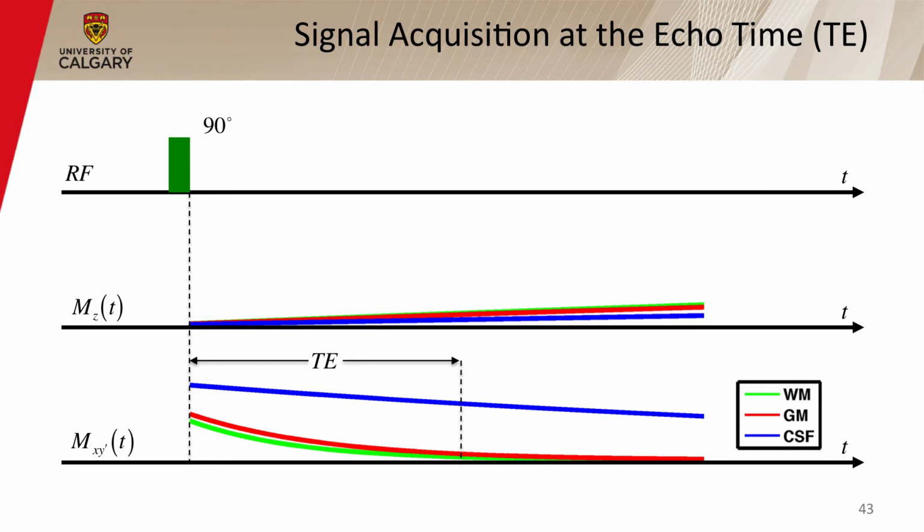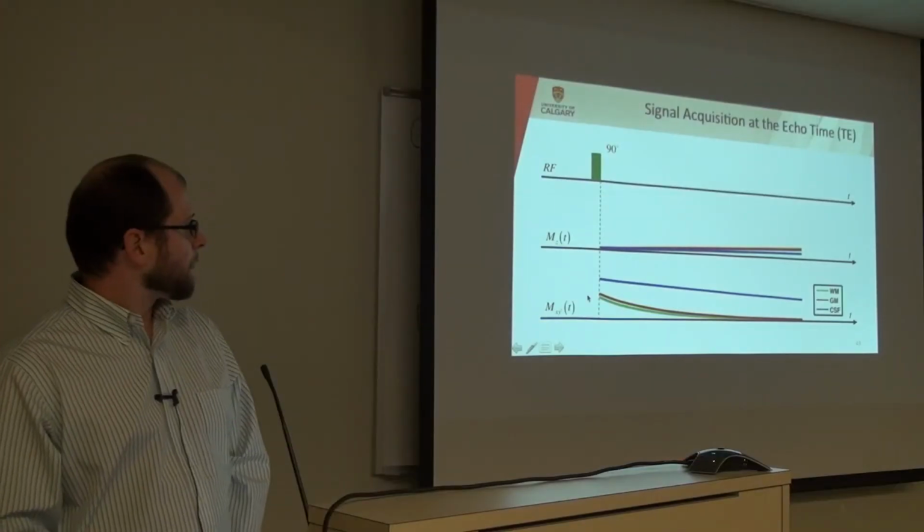Remember, when we apply a 90-degree pulse, we're tipping all of the magnetization for all three chemical species into the transverse plane, okay? And because M0 is proportional to proton density, that's why CSF has a higher value here, because it's got a proton density of 1, whereas these two have a proton density of about 0.6, okay?